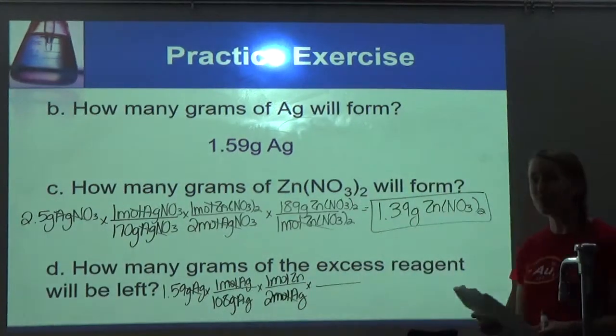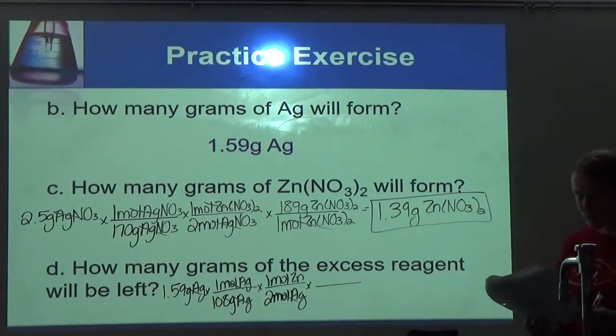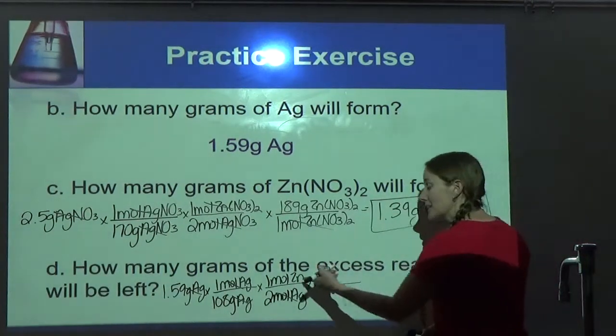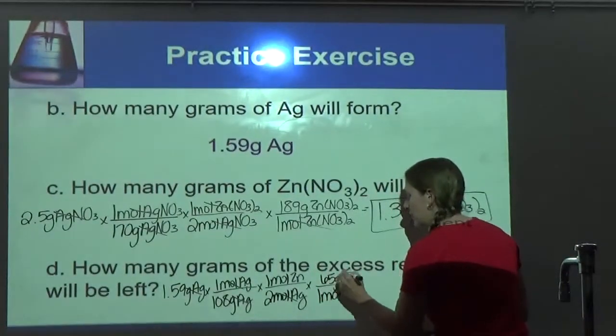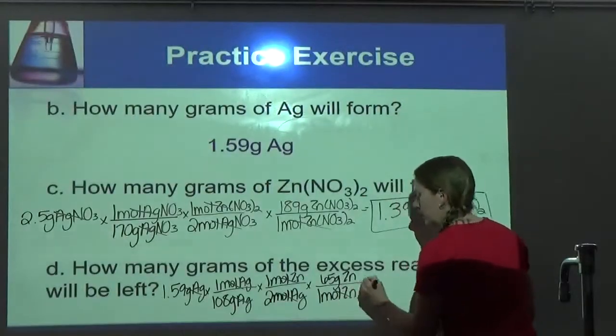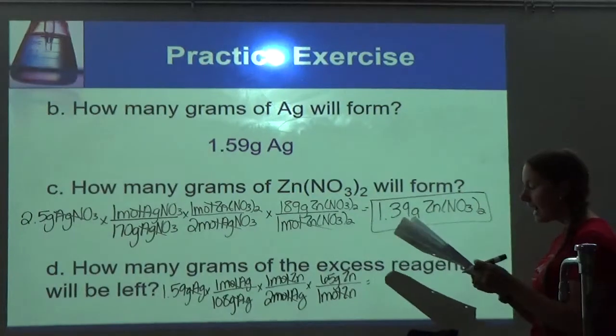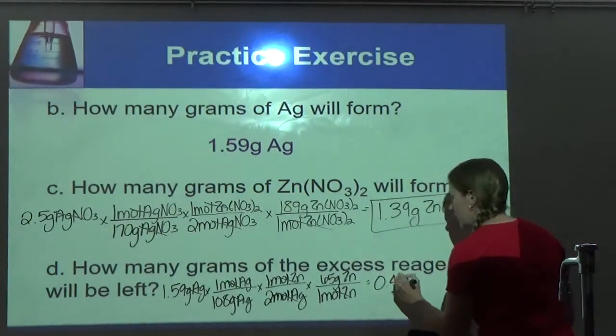Oh, we got to get to grams because we're trying to figure out how many grams we have left over. So my molar mass of zinc is 65 grams. So 1 mole zinc, 65 grams zinc. So once I multiply and divide, I get 0.48 grams zinc.